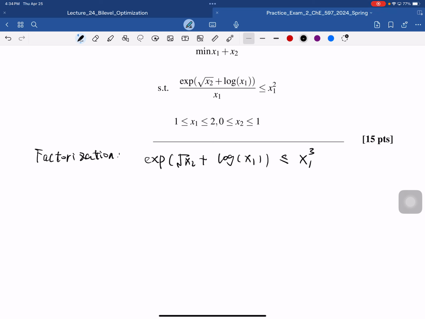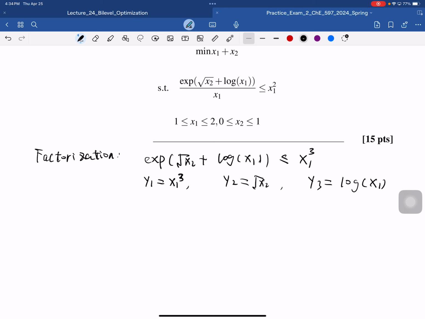So now let's introduce some variables such that we can represent as univariate functions. So maybe on the right-hand side, let's write y1 as x1 raised to the power of third. Then we get rid of the right-hand side. And then for the left-hand side, introduce y2 equals square root of x2, and then y3 is log of x1.